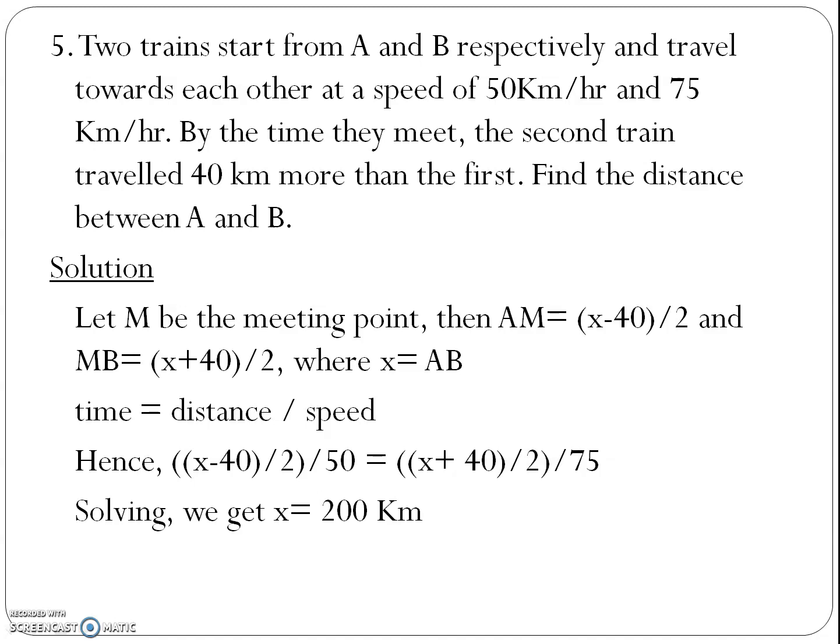Therefore, the time will be equal to distance by speed. So again, it will be equal to (x plus 40) divided by 2 divided by 75. These two times are equal. Therefore, we get the relation (x minus 40) by 2 divided by 50 equal to (x plus 40) by 2 divided by 75. Solving this equation, we can get x equal to 200 kilometers.